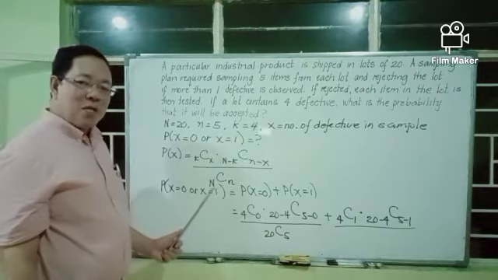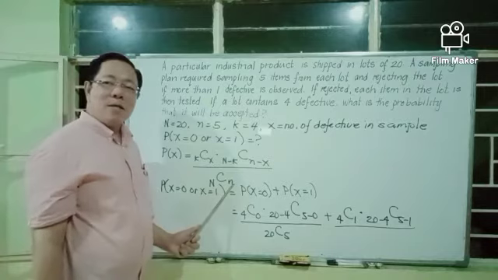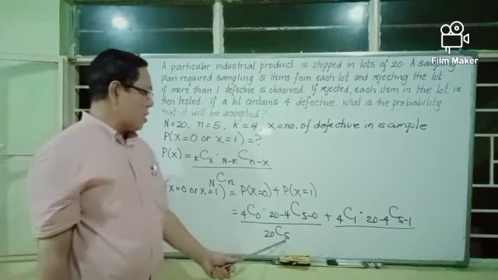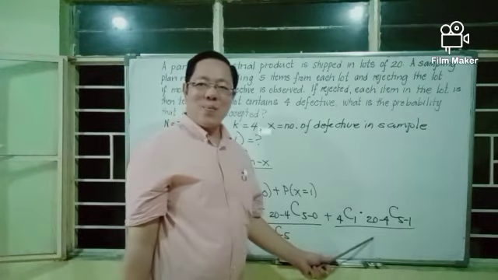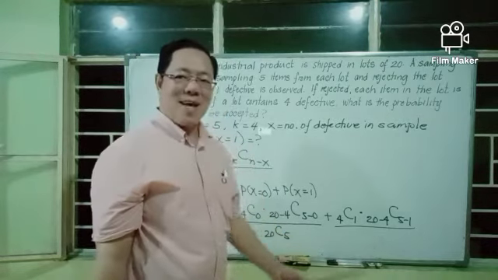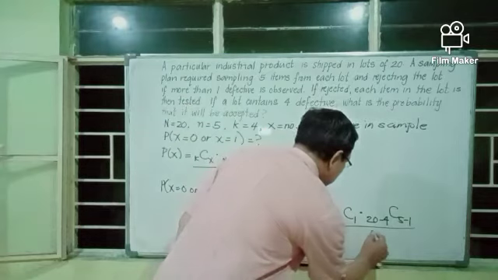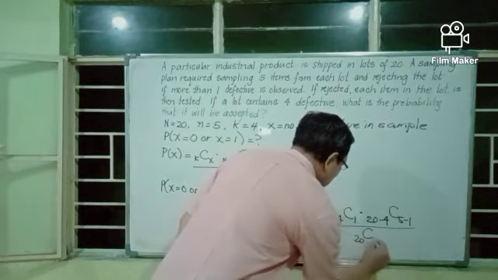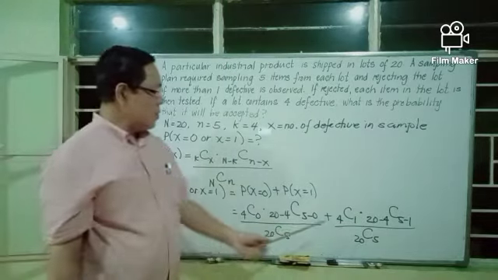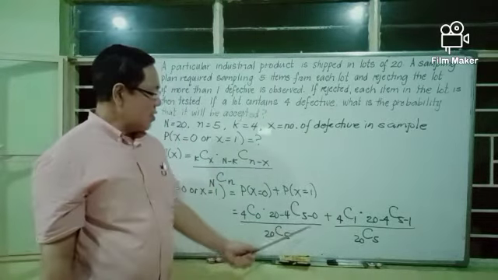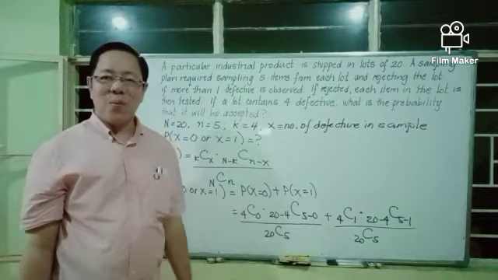Combination of the population size taken the sample size. Combination of 20 taken 5 at a time. Divide by combination of 20 taken 5 at a time. And we compute the value of each of these in the sum using our calculator.